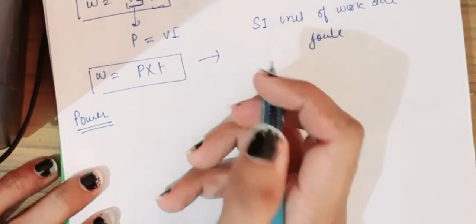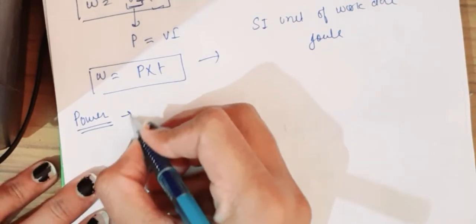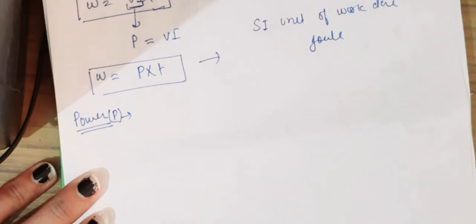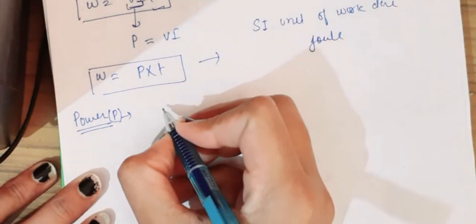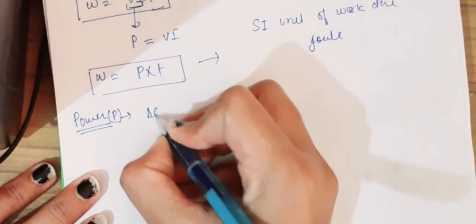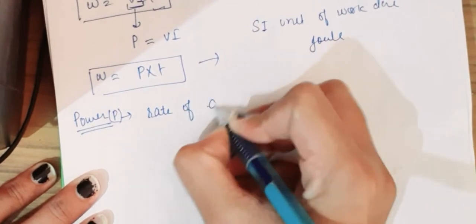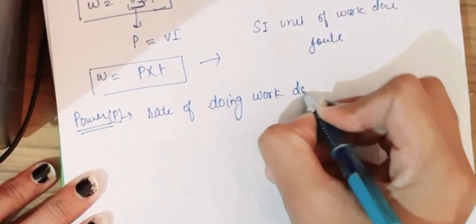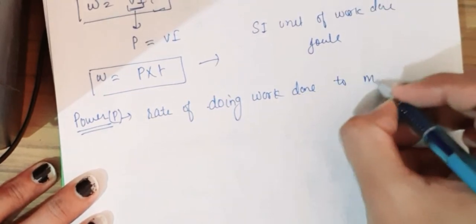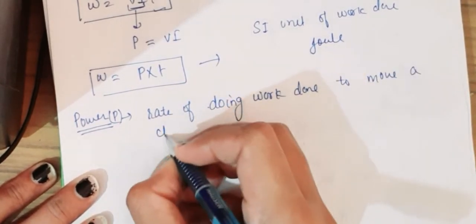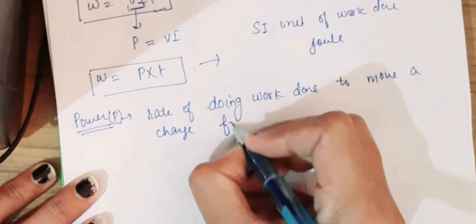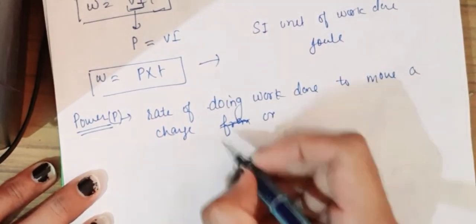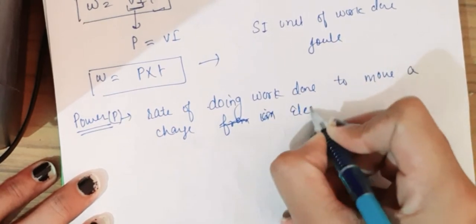Then the next topic is power. How do we define power? It is denoted by P. Electric power is defined as the rate of doing work to move a charge in an electric circuit.